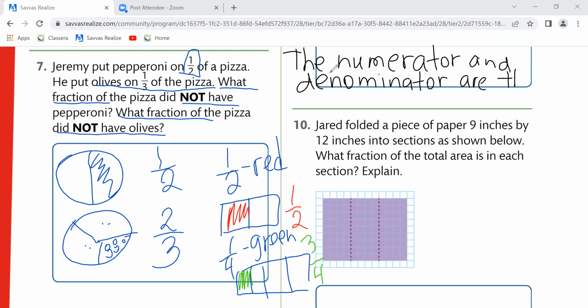That's it. How do you know that 7 out of 7 is whole? Because they are the same. That's it. Okay? Number 9 is 3 out of 3. Number 9 rule. Okay, number 10.